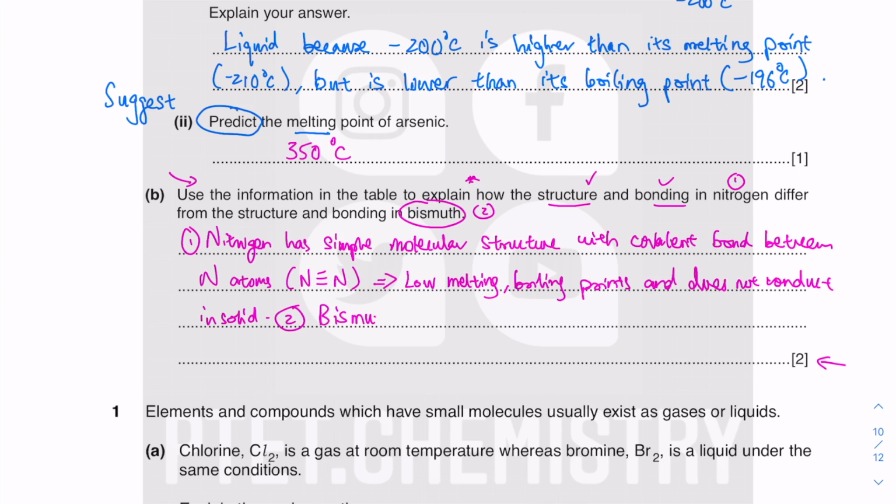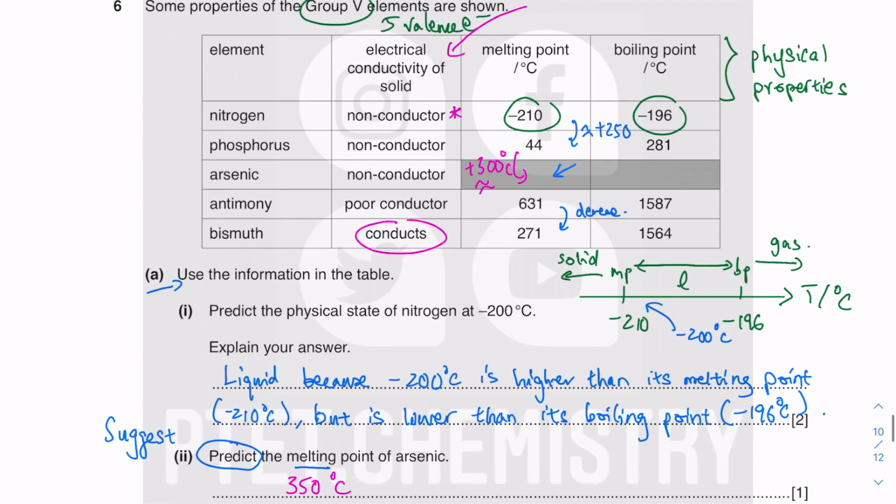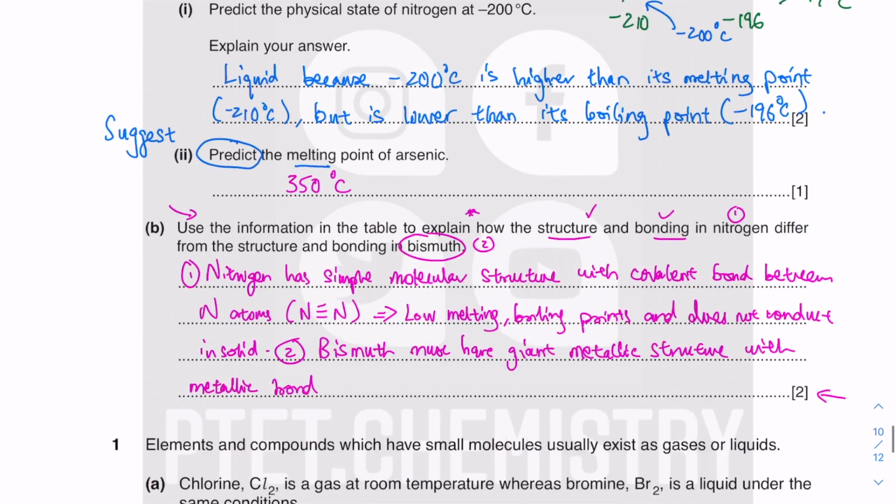The next bit is bismuth. So bismuth must have giant metallic structure, as I mentioned a few minutes ago, because looking at the electrical conductivity, with metallic bond between, maybe I don't want to specify too much, but it's a metallic bond between the cations and the sea of delocalized valence electrons. The key thing really is it conducts in the solid state, and it has high melting and boiling point.